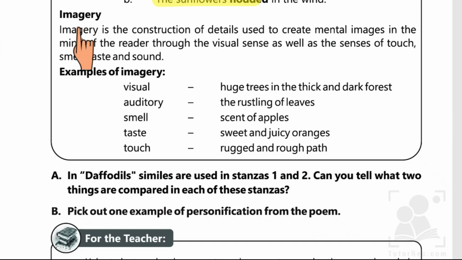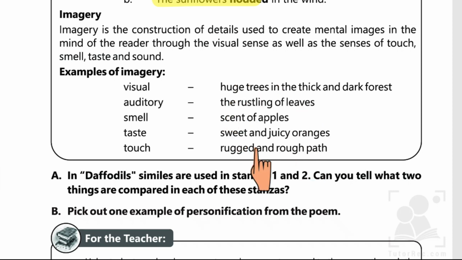Then imagery. Imagery is the construction of details used to create mental images in the mind of the reader through the visual sense as well as the senses of touch, smell, taste and sound, such as huge trees in the thick and dark forest, the rustling of leaves, scent of apples, sweet and juicy oranges, rugged and rough path.